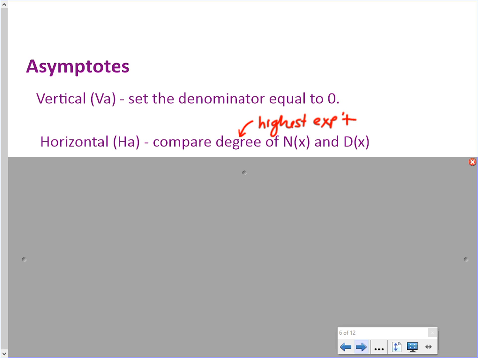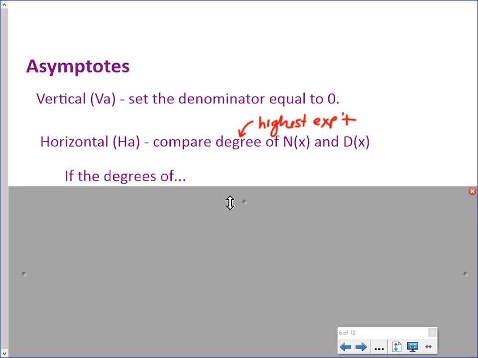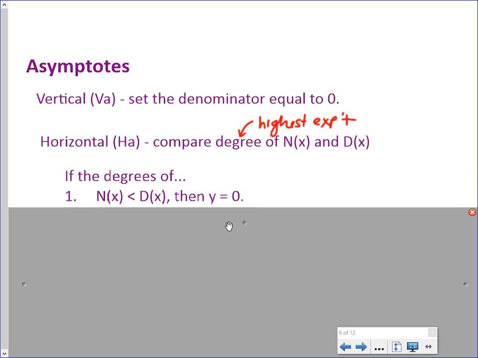It can be equal, one can be less than, one can be greater than. So as you compare your degrees, if the degree of the numerator is less than the degree of the denominator, your horizontal asymptote is at y equals 0.